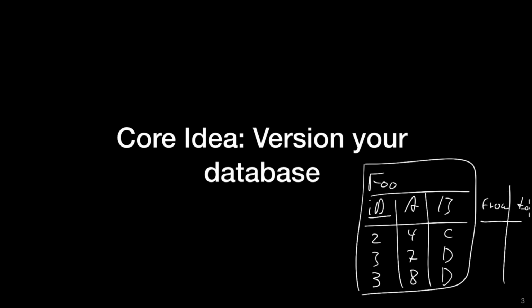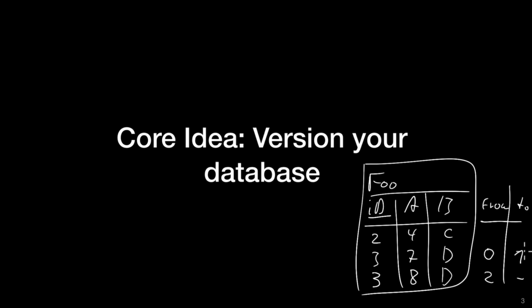This from or to could be part of the actual schema of the table, or it could be a hidden schema. You would have some sort of monotonically increasing timestamping concept. Let's say from version 0 to version 1 this would be valid, and from version 2 to, maybe undefined, this would be valid.